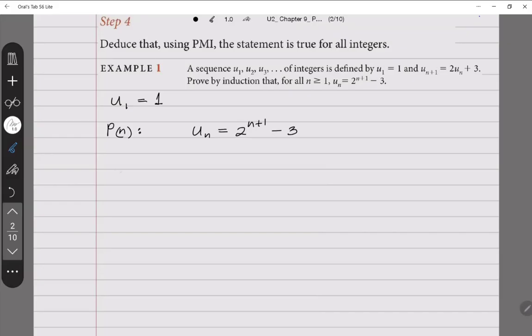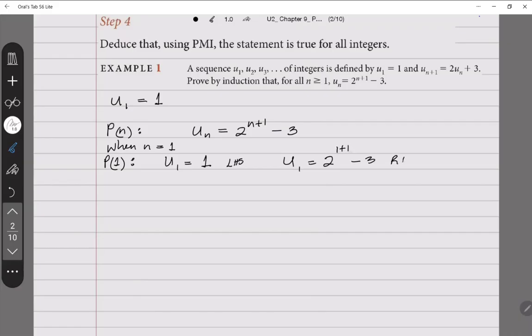Now, my first step is this. I'm going to say when n is equal to 1, P1 would be the statement U1, which we already know, is equal to 1. So let's say that this is our left-hand side. Using the formula, U1 would be equal to 2 to the 1 plus 1 minus 3.